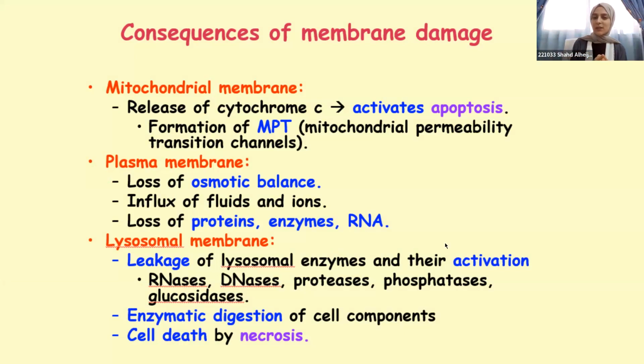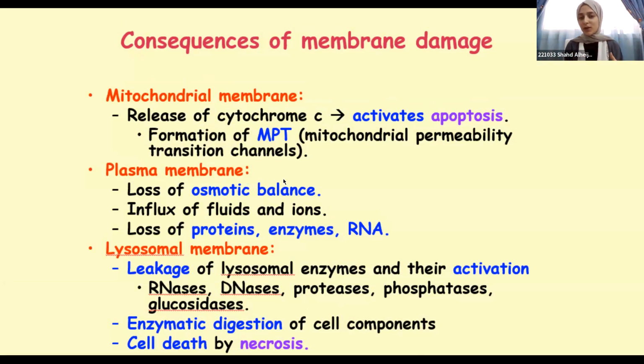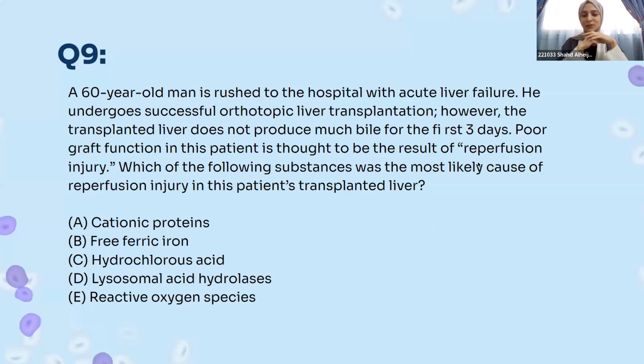Now, cytochrome C will activate the intrinsic pathway of apoptosis, due to the activation of caspase 9, which is an initiator caspase, and this would lead to apoptosis. Any questions? All right, next question.